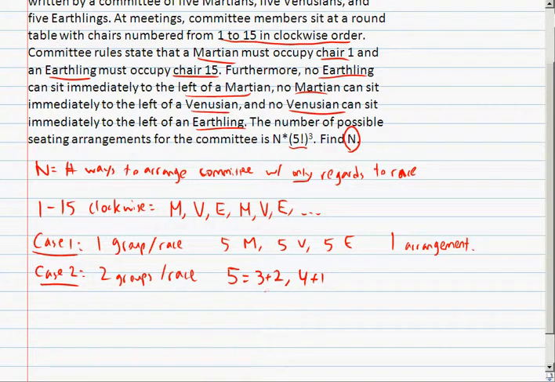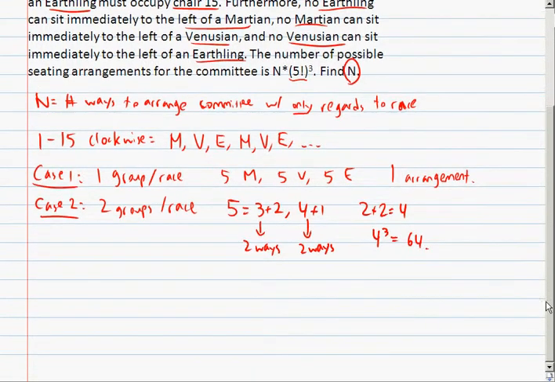Each of these partitions can be ordered in 2 ways, which means that the total number of grouping arrangements for each of the races is 2 plus 2, or 4. And so the total number of arrangements in this entire case would be 4 cubed, or 64 arrangements.